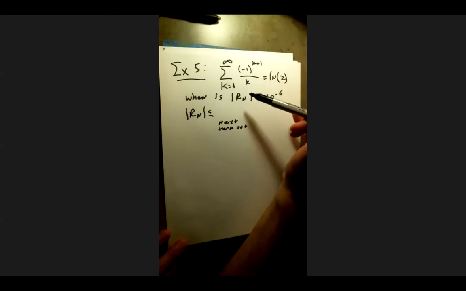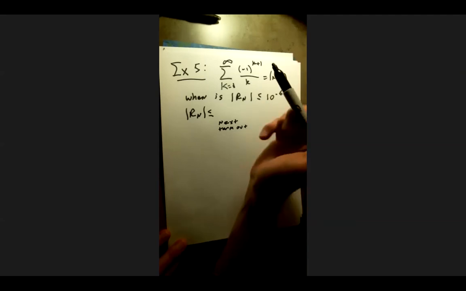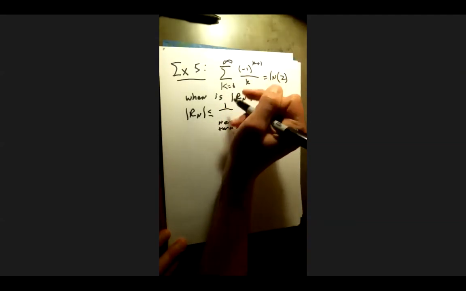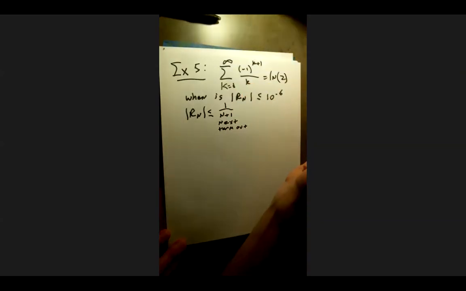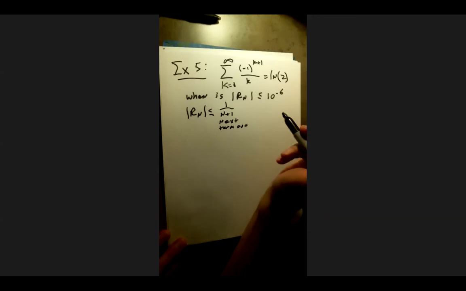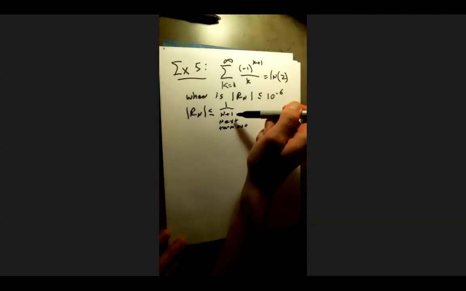And so if we're going for n terms, then the next term out would be 1 over n plus 1. Which, by the way, is different than my notes. I lost track of the plus 1 in my notes. Questions about where the 1 over n plus 1 came from?